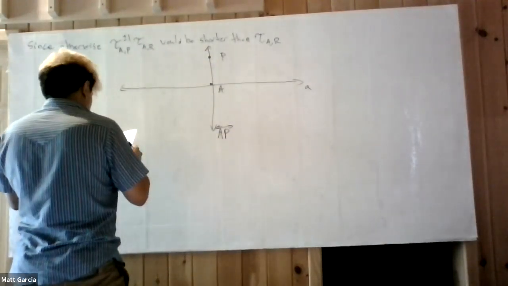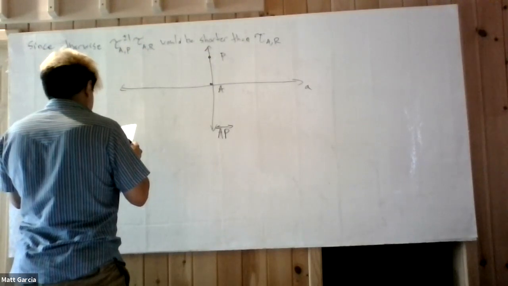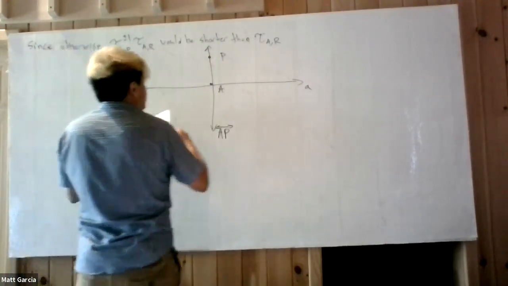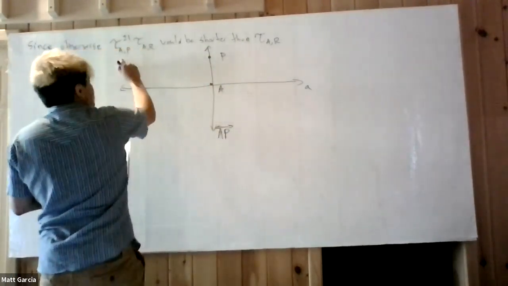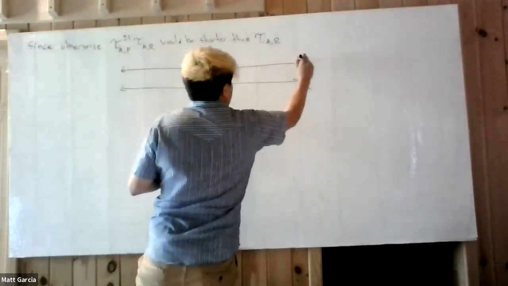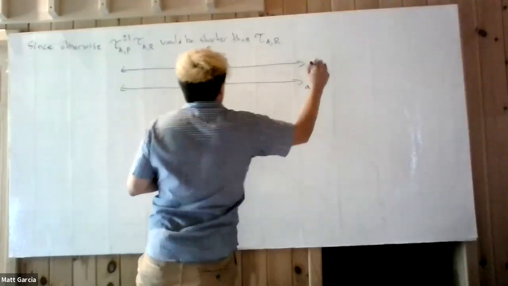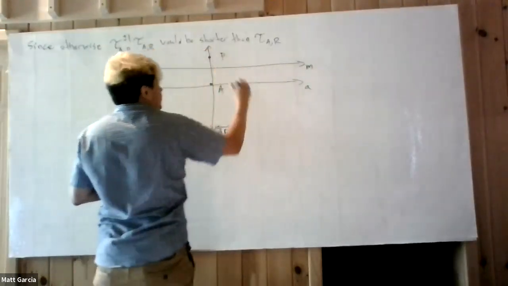And we set M to be the perpendicular bisector of the line segment AP.